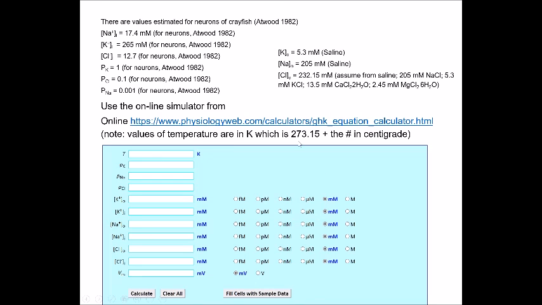There's this really neat online calculator that one can use, and here's a website, and you can plug in these values. Now here, this is for, say, crayfish neurons from this paper that was pretty well described. You can put in these different values for P and temperature. Watch out on the temperature because it's in Kelvin, so you add 273 to whatever the centigrade is.